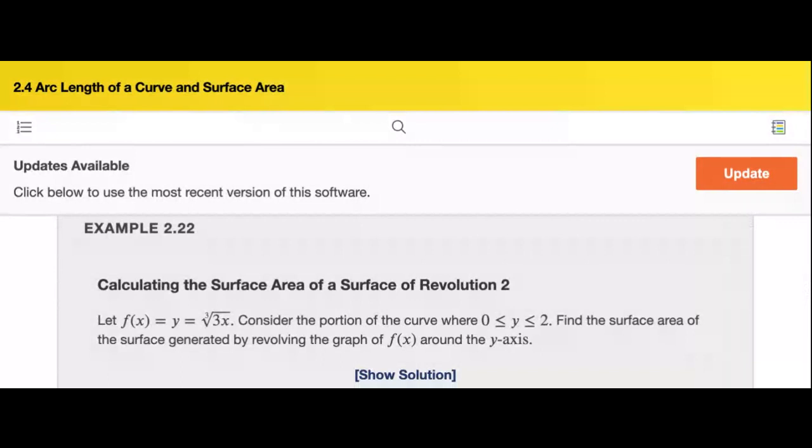Okay, calculating the surface area of this surface of revolution about the y-axis. All right. So the function is given still as f of x, f of x equals the cubic root of 3x. And we want to find the surface area rotating about the y-axis from 0 to 2. So what do we have to do?